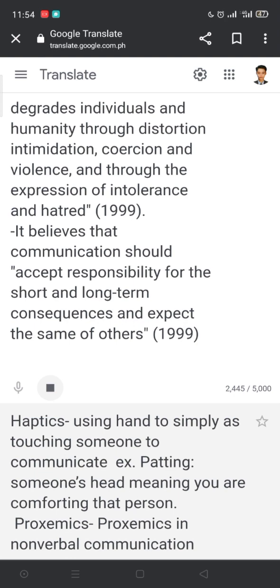NCA 1999: it condemns communication that degrades individuals and humanity through distortion, intimidation, coercion and violence, and through the expression of intolerance and hatred. It believes that communication should accept responsibility for the short and long-term consequences and expect the same of others.